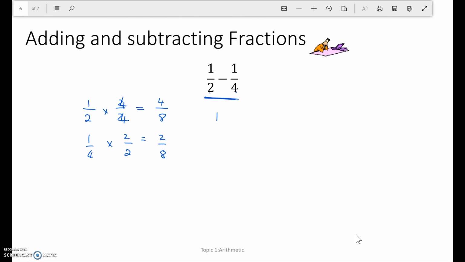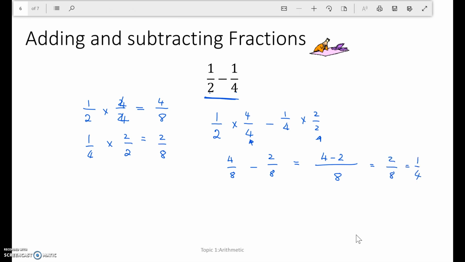So we're going to do 1 over 2 times 4 over 4 minus 1 over 4 times 2 over 2. So we've made a new fraction multiplying top and bottom by the other fraction. So now we've got 4 over 8 minus 2 over 8. Now we can subtract because we've got a common denominator, so 4 minus 2 over 8 is 2 over 8, which we could simplify to 1 over 4.